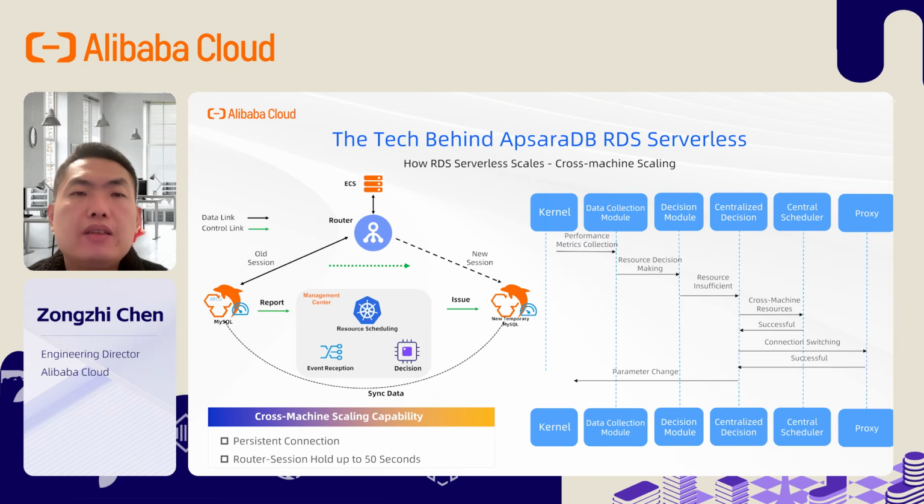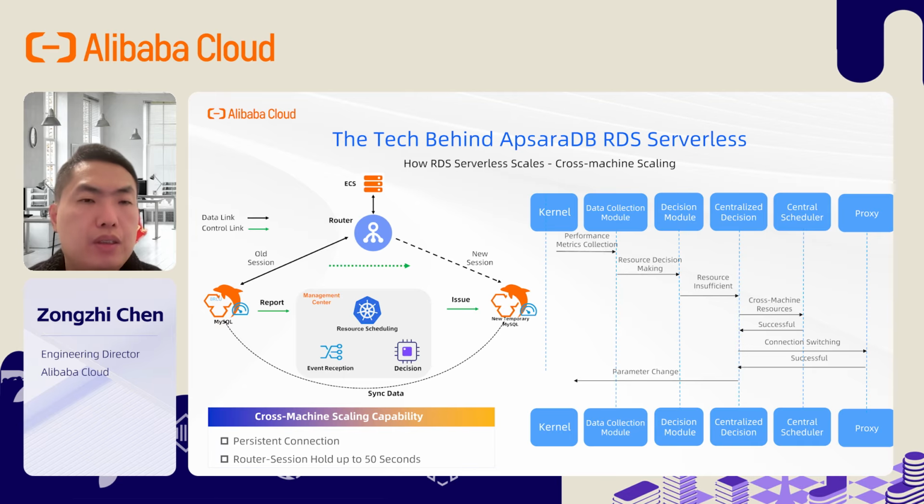Let's show how the RDS service does cross-machine scaling. The first three steps are the same. It is different in the third part, in the decision model. When there is not enough resource on the local machine, the RDS service will do cross-machine scaling. You can see from the picture that in the left MySQL instance, there's not enough resource.